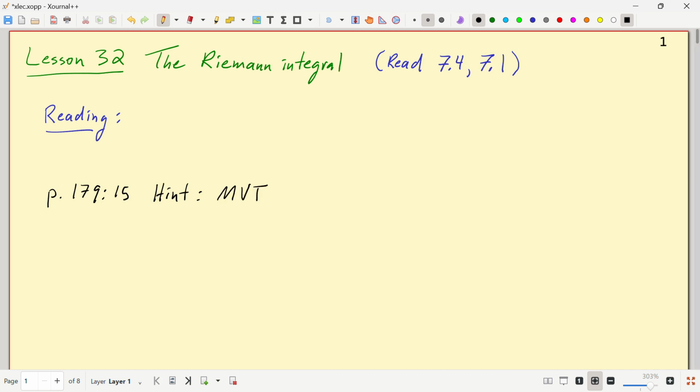Right, because the mean value theorem would give us f of b minus f of a over b minus a is f prime of c.